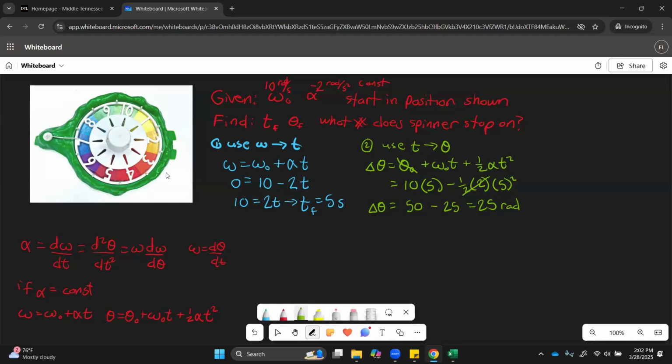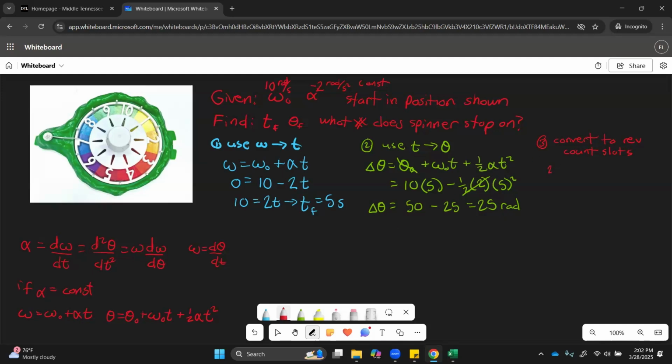Now we need to convert, so step 3 is to convert to revolutions and count slots, where each slot is a number. To convert to revolutions, we know there are 2 pi radians in 1 revolution.